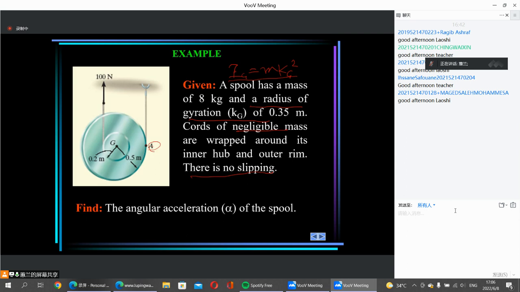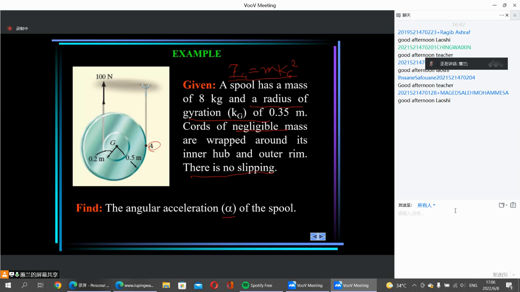So it's general motion because the disk is always moving within its plane. So how do we calculate the angular acceleration of the spool? We know that we can have three equations, or maybe we just need to write down the moment equation, because in the moment equation there would be alpha, right?